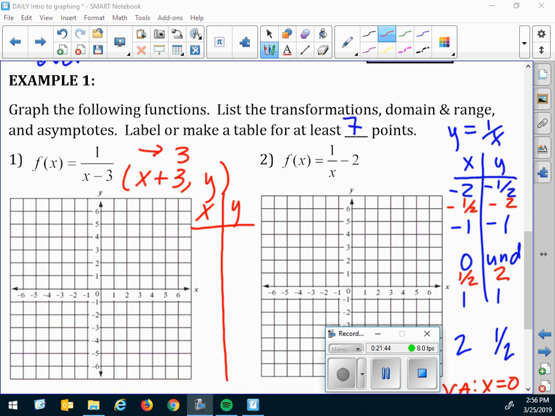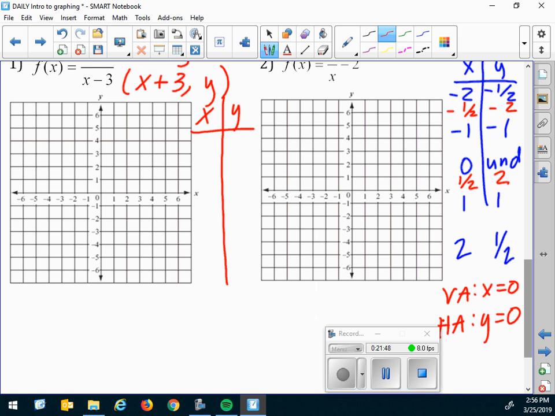I didn't tell you to get a calculator, but let's see if you can handle these without a calculator. Negative 2 plus 3. What's the y value to go with it? The y value didn't change, did it? Oh, I skipped this one.